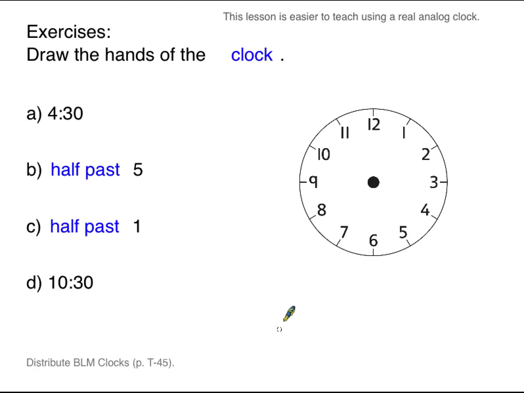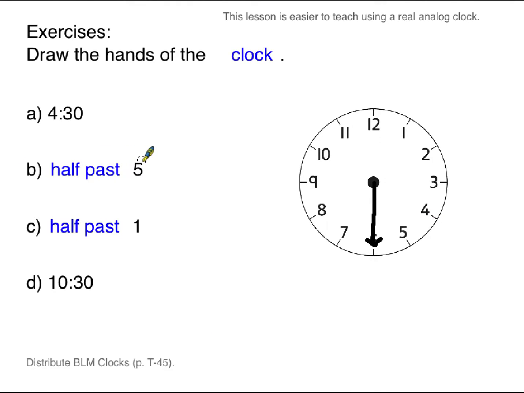So the minute hand, remember, is long, and it's going to be pointing at the 6. So for 4:30, the hour hand has to be halfway past the 4. Halfway past the 4, not at the 5 yet, 4:30.